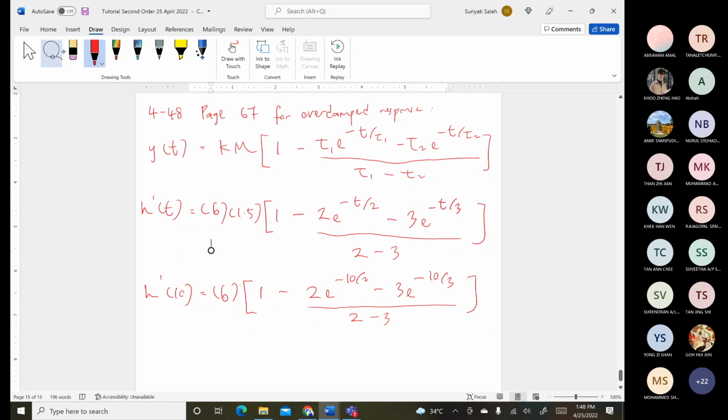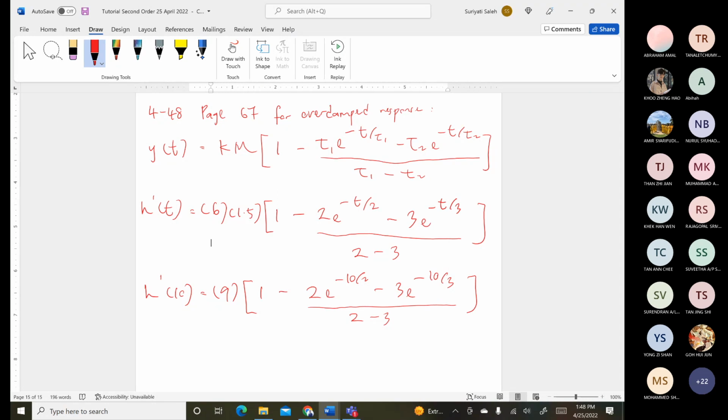So 6 multiplied by 1.5 should be 9. Here the R2 is equal to 6, so when we multiply with 1.5, it becomes 9.